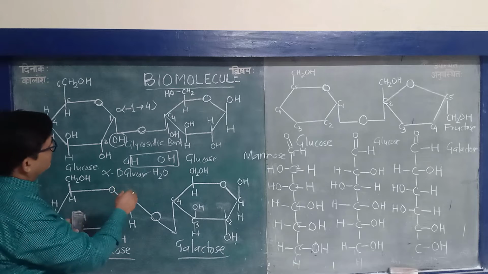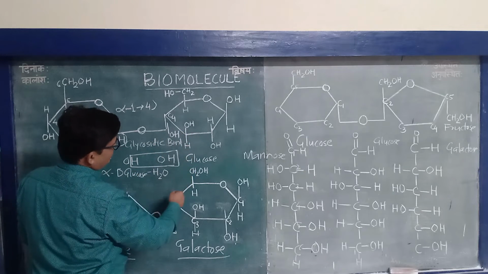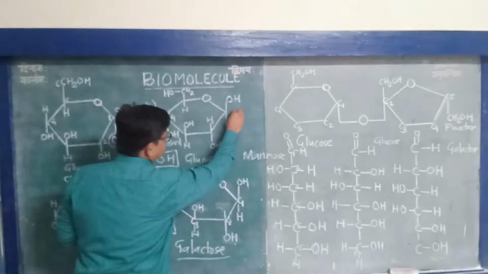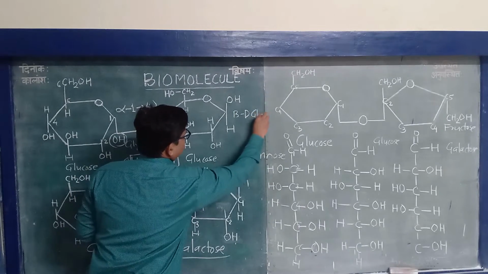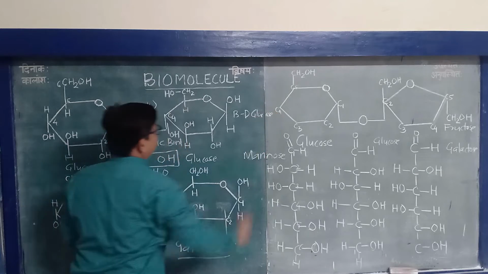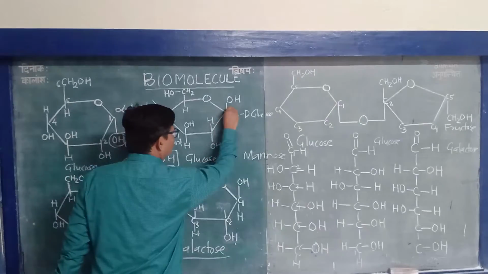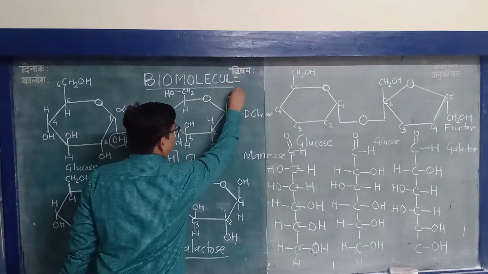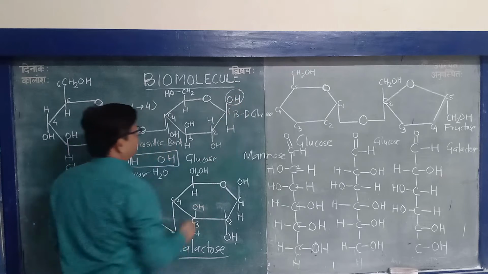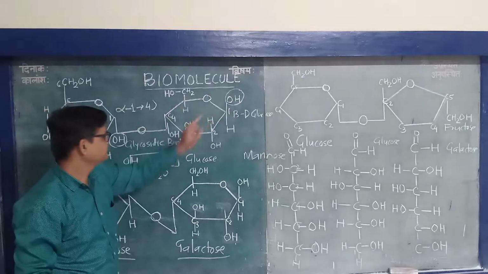And now, this other glucose is beta D glucose. Why am I saying beta D? You have to recognize at carbon number 1, you will find the hydroxy group above the plane of the ring structure of this glucose.